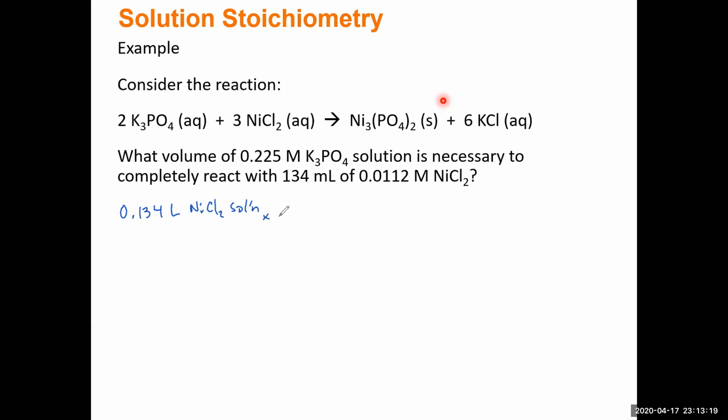Now we'll multiply this by the molarity of the NiCl2. So there is 0.0112 moles of NiCl2 for every 1 liter of the NiCl2 solution. Right now we've canceled out our liters of NiCl2 solution, and we're dealing with moles of NiCl2.